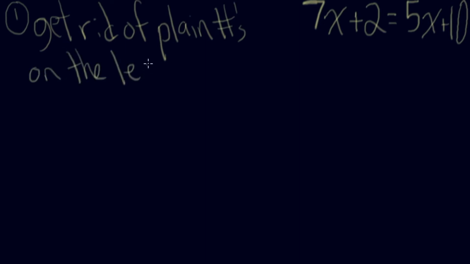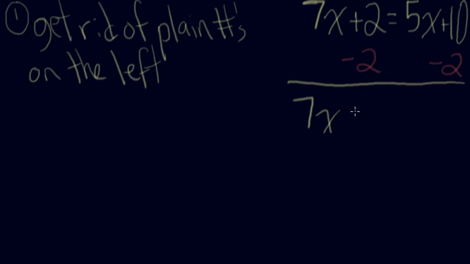So these are things that are not variables. So if you look over here, what is the constant? What's the plain number? It's the positive 2. So just ask yourself, how do I get rid of positive 2? What's the opposite? I'm going to subtract 2. And as you know, the golden rule, you must do the same thing to both sides. So now we have 7x is equal to 5x plus 8.